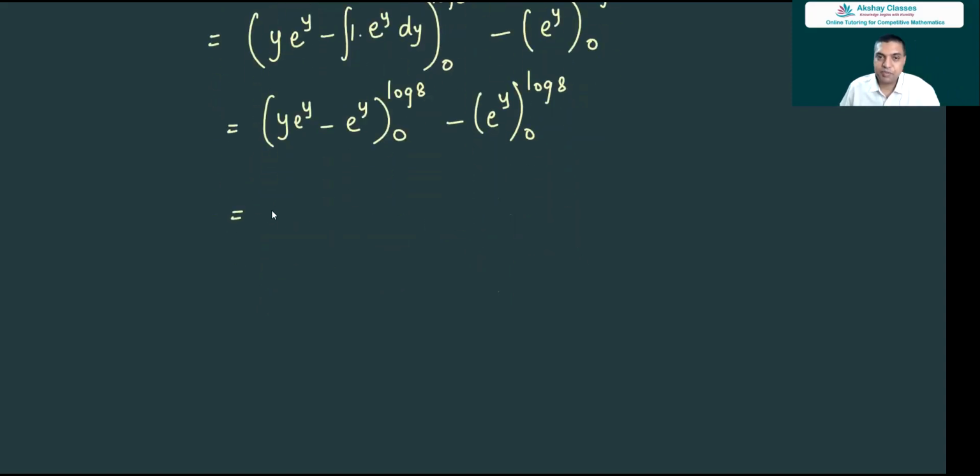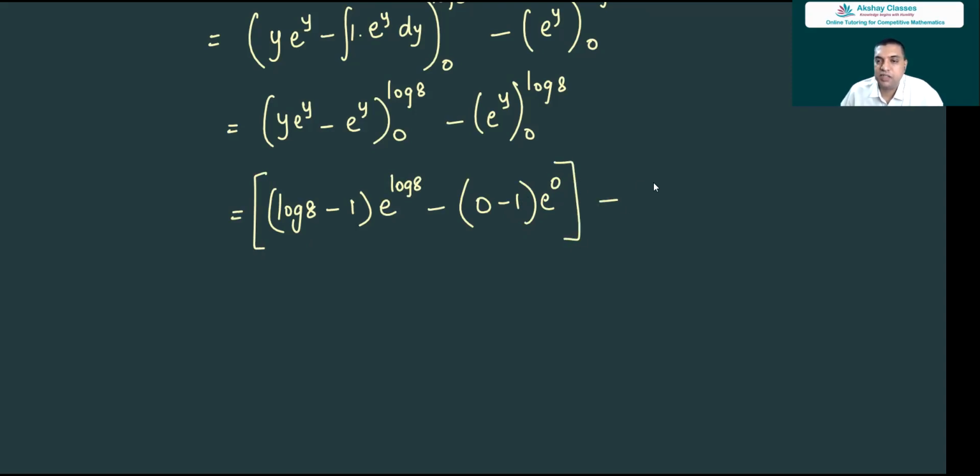Now let's substitute. So log 8 into log 8 minus 1, y minus 1 times e power y. E power log 8 minus substitute 0, minus 1 times e power 0.